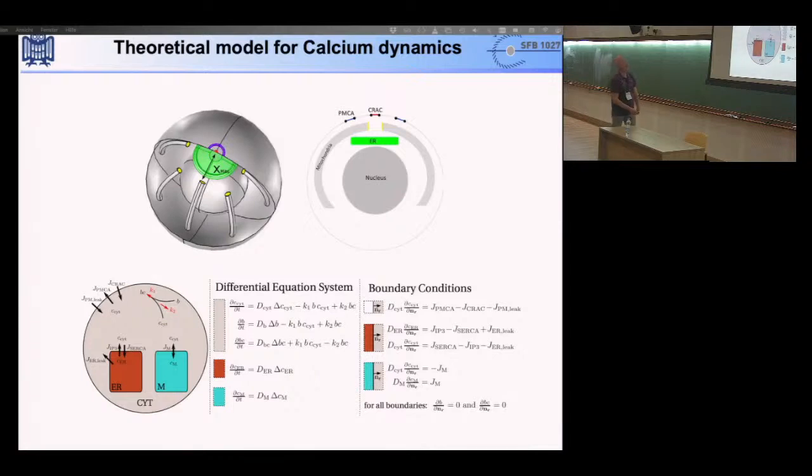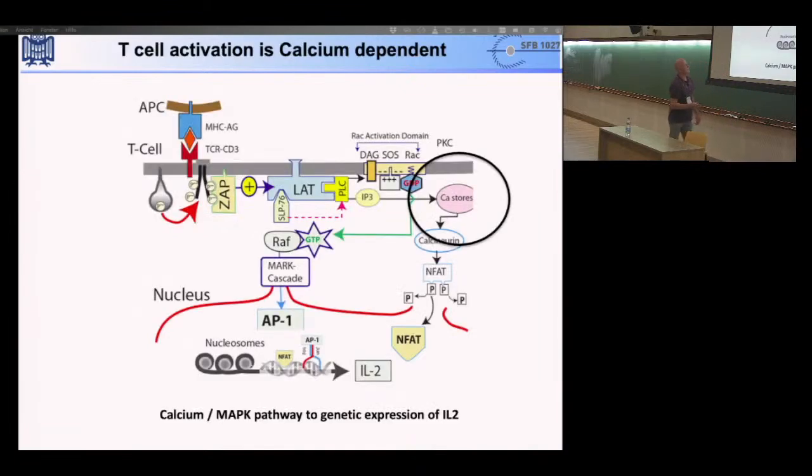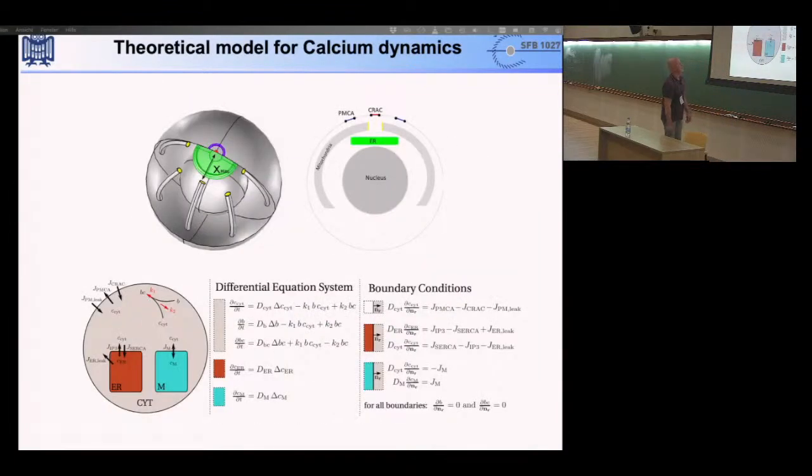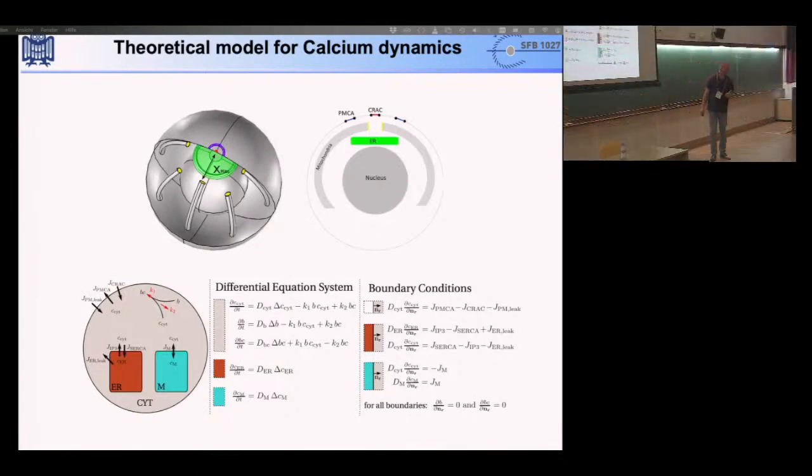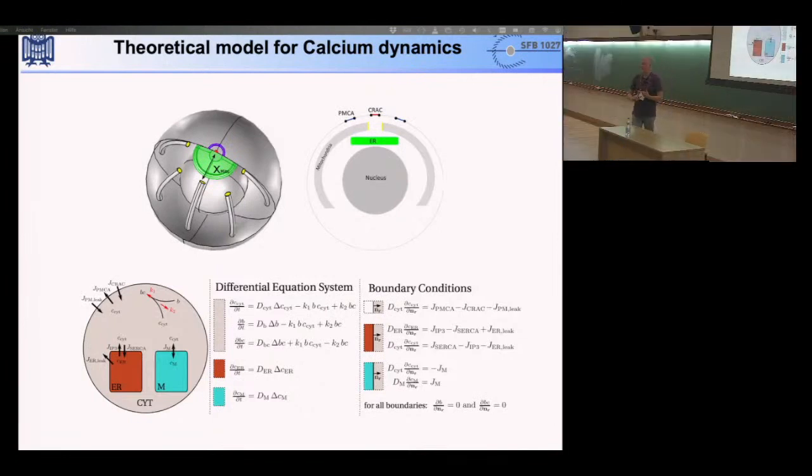This is the part where calcium diffusion comes into play in my work. Essentially, at the synapse you have a calcium channel, the so-called CRAC channel, the calcium release activated calcium channel, that opens when the endoplasmic reticulum gets depleted, involving STIM and ORAI and so on. So that is the channel, and there is a pump. The PMCA pumps are also accumulated there.